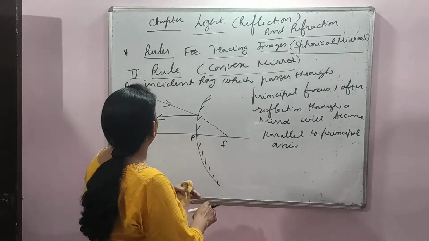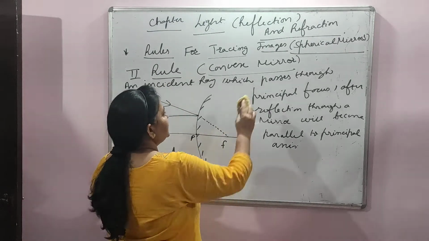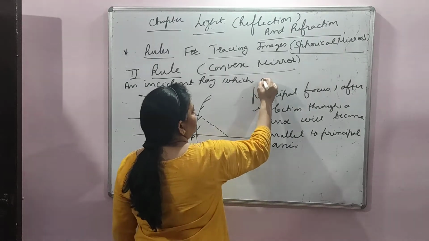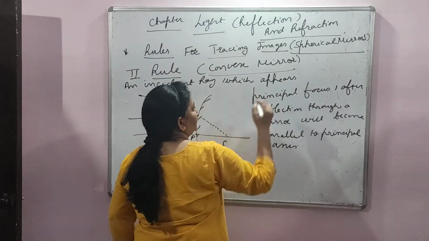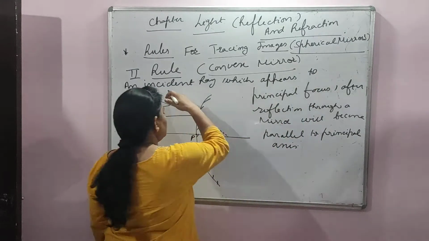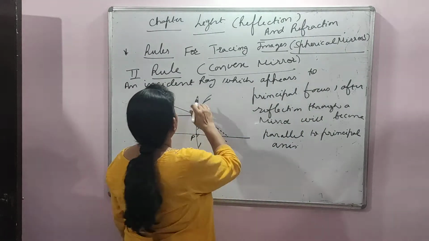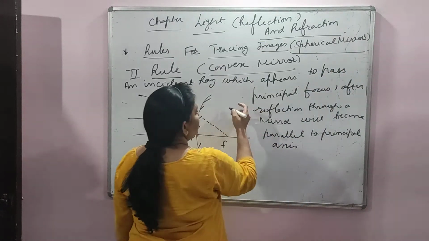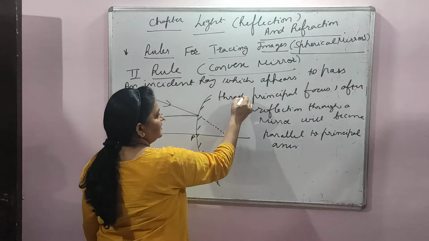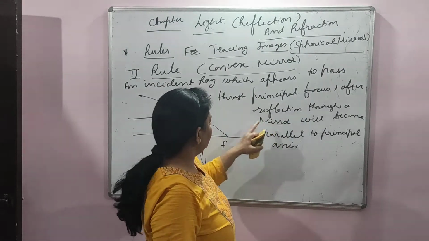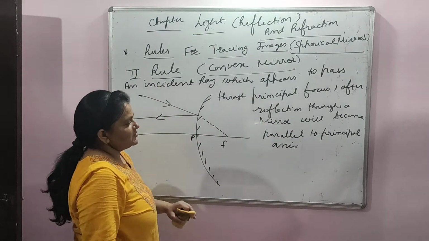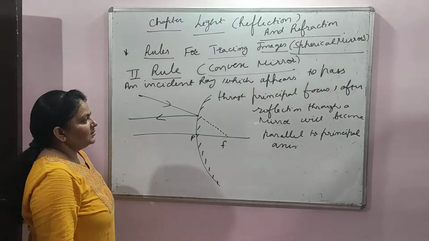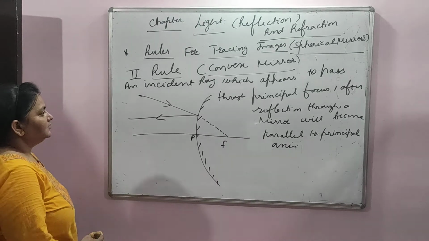So this is the only difference here, which appears to, because it's not actually going to see, it's a virtual meeting here. So an incident ray which appears to pass through principal focus after reflection through a convex mirror will become parallel to principal axis. Fine.